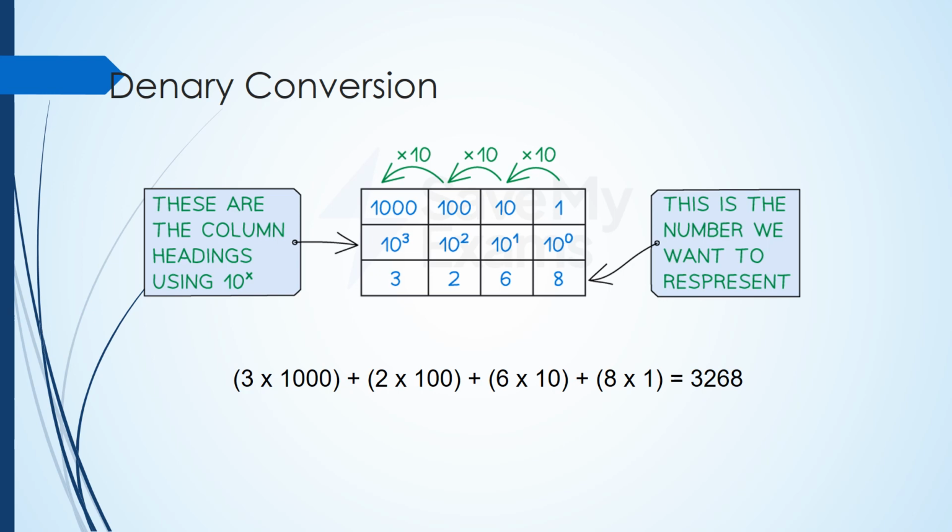This is the baseline, and this is the output. We represent every digit starting from the right, multiply each digit by its power of 10, and then add them, and then we get the number.